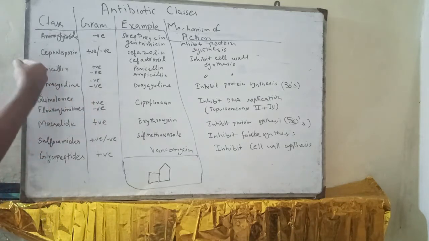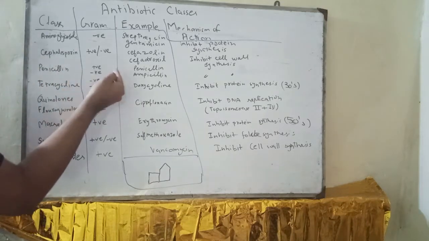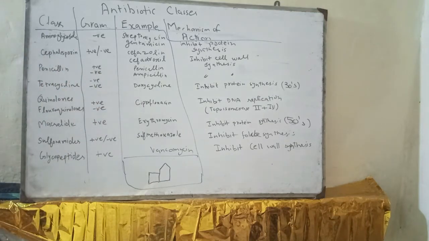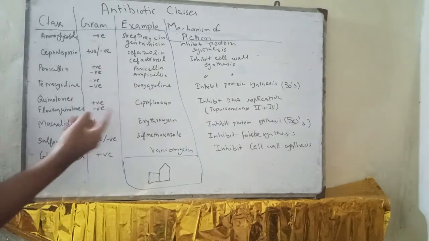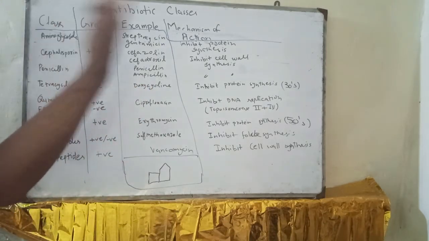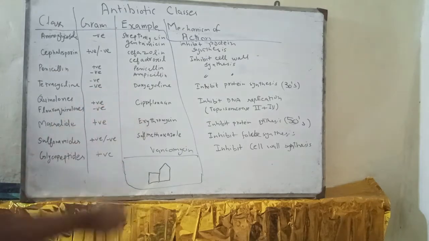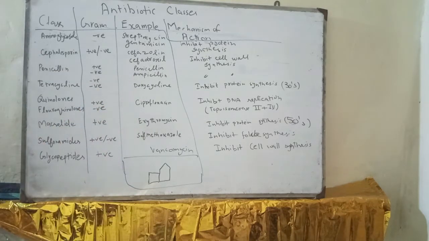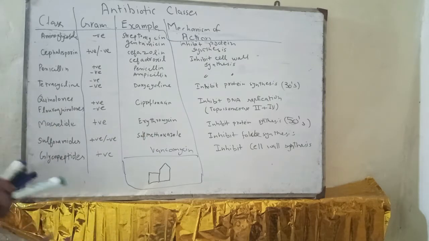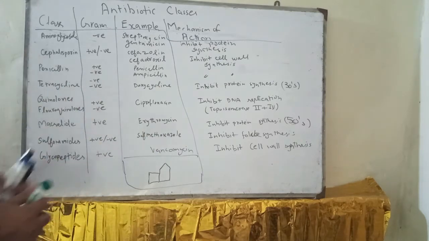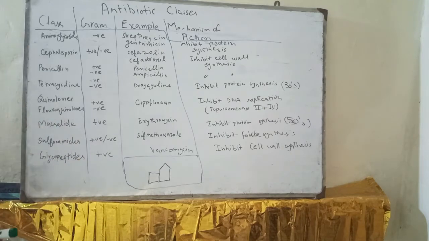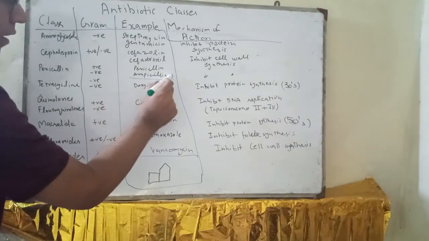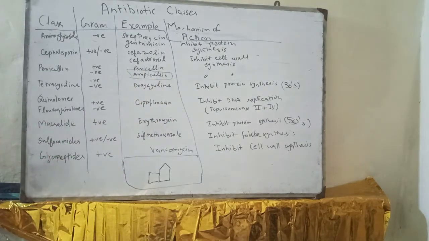Now we jump to the penicillin, which is effective against gram-positive and gram-negative bacteria. Their examples are penicillin and ampicillin. Penicillin V is a natural penicillin, while ampicillin and amoxicillin are synthetic penicillins, which are made by just changing their derivatives.